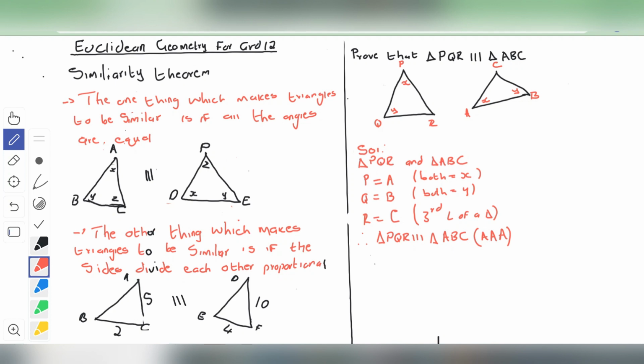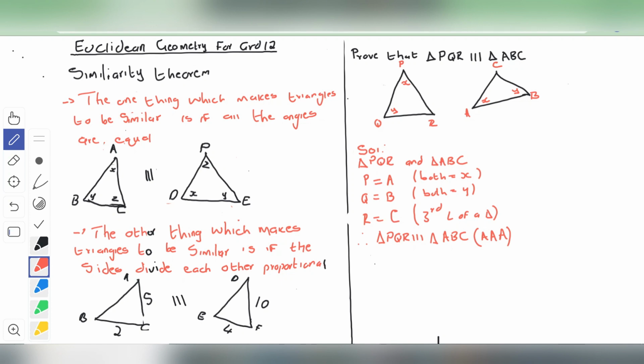You wrote, let's say, Q is equals to B, both equals to Y. Then the first one you don't know the reason for. The last one, R is equals to C, both equals to X. And then you find that the only thing that doesn't have a reason is P is equals to A. Therefore, you write the third angle of a triangle.